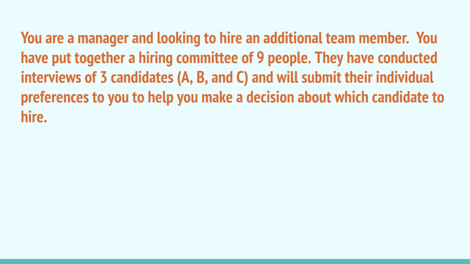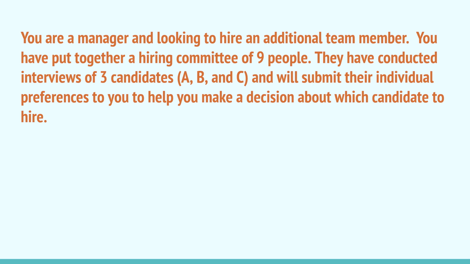Okay, so this is more a thought experiment than a realistic situation, but go ahead and read the scenario. So you're a manager, you've got a team of 9 people that are looking to hire someone, and you've got 3 candidates, okay?